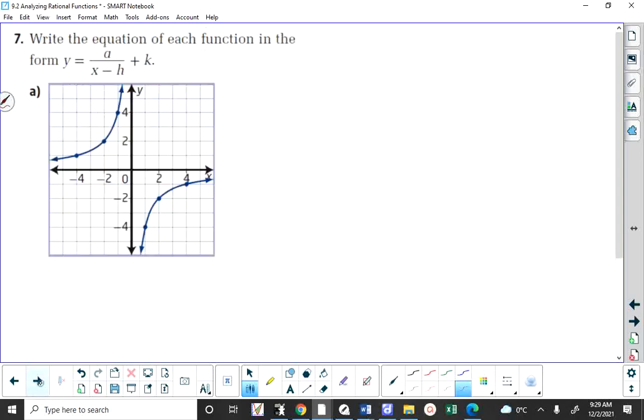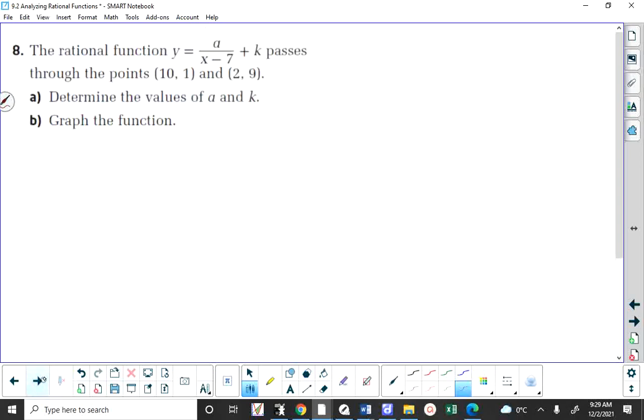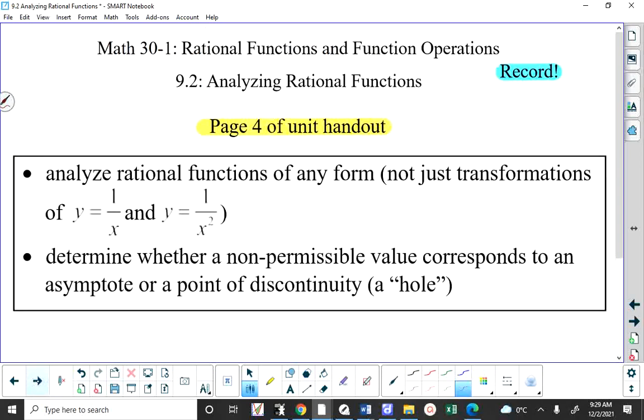Okay, so we're going to move on today and look at what's called analyzing rational functions. This is in section 9.2 of your textbook.